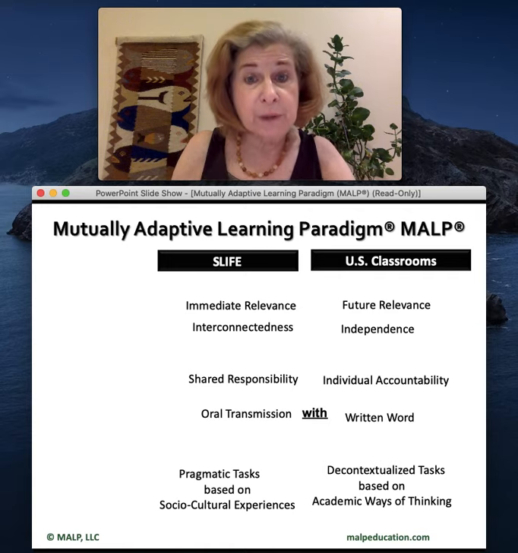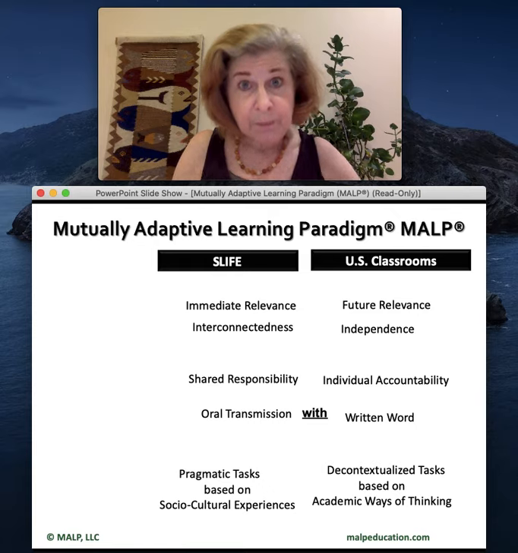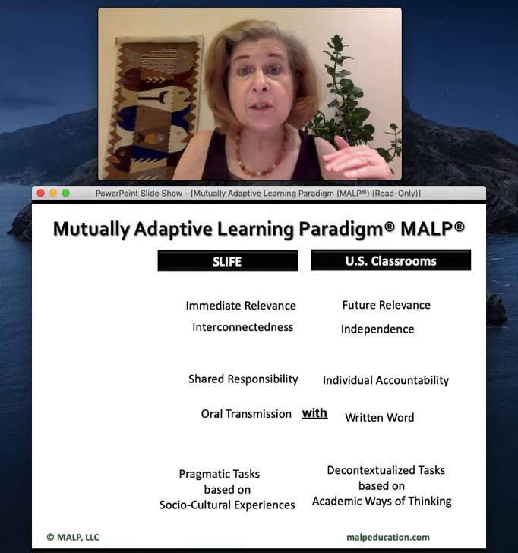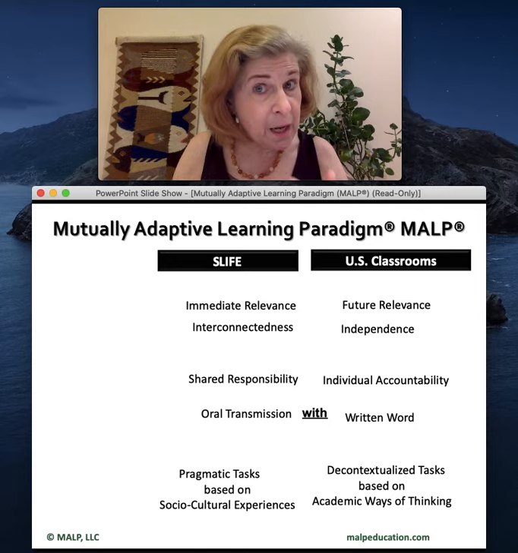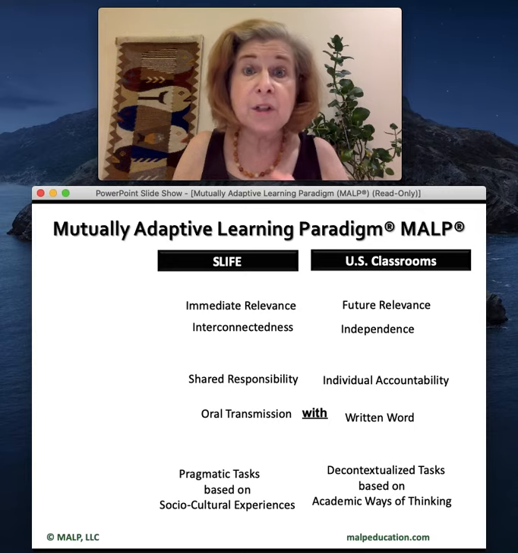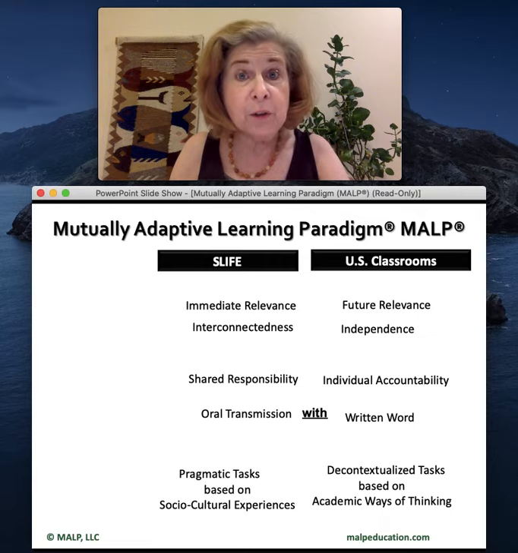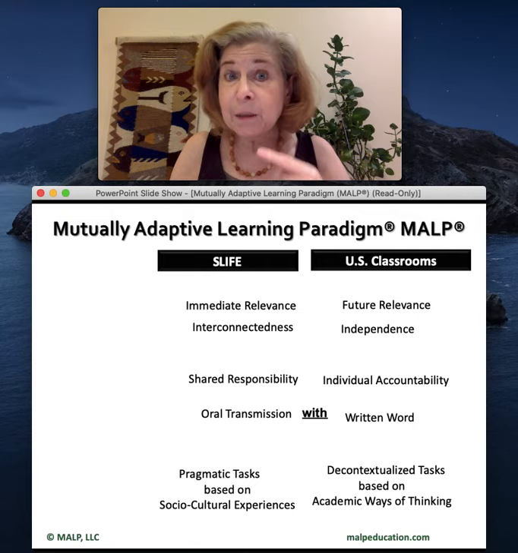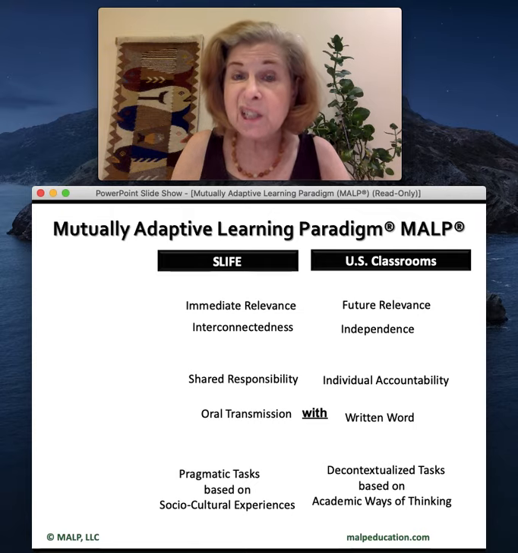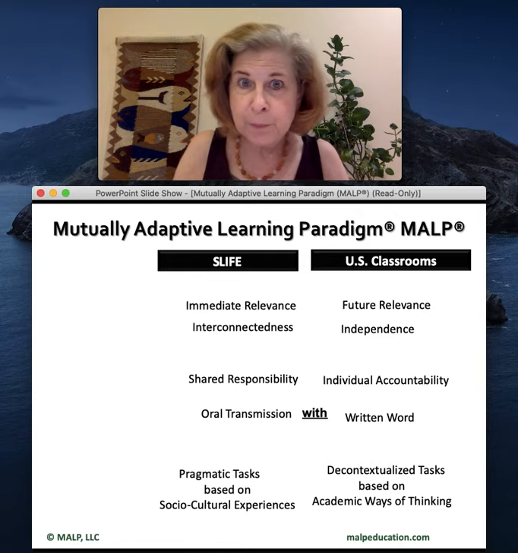So we have to consider relationships, very important. We have to consider priorities, ours and theirs. And we have to consider moving from familiar to unfamiliar schemata. So that's underlying MALP. See if you can see those three principles underlying what I'm going to show you.